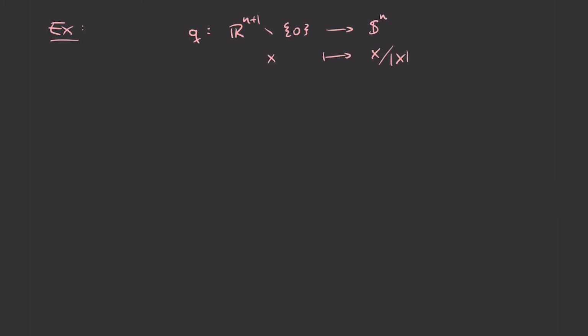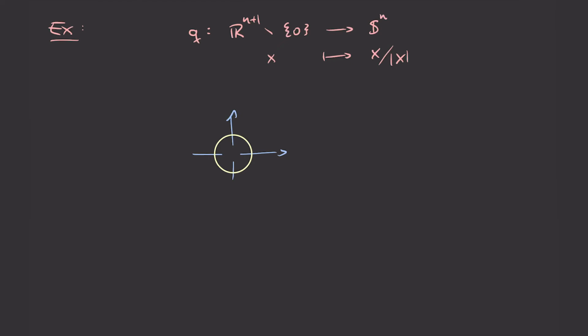For simplicity, I'm going to choose n to be equal to 1 so that I can draw this stuff nicely. And in that case, we are considering R^2 without the origin, and we'll be mapping to S^1, which is just the unit circle. Okay, and I'll indicate the fact that we don't have the origin by just leaving a blank there.